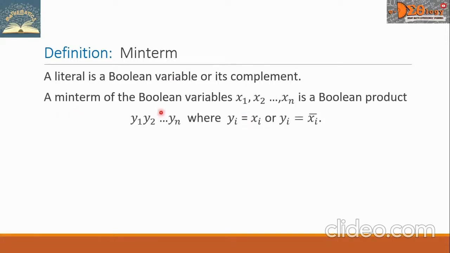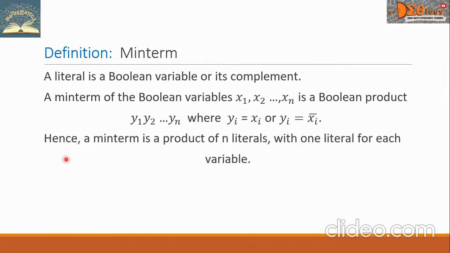A min term of the Boolean variables x sub 1, x sub 2, up to x sub n is a Boolean product y sub 1 times y sub 2 times up to y sub n, where y sub i equals x sub i, or y sub i equals the complement of x sub i. Hence, a min term is a product of n literals, with one literal for each variable.